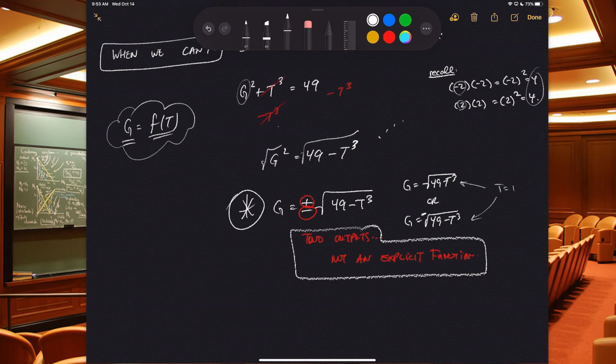When is this going to happen? It will happen with even powers like this, when we need to solve for an even power, because we'll get two roots that work. It will come up in other contexts as well. But I also want to be clear that just because you can't solve an equation doesn't mean that it's not an explicit function.